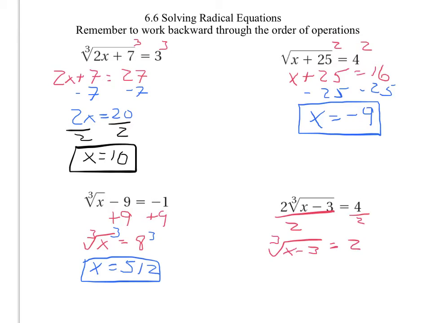Now we can take third power. So we'd have x minus 3 equals 8. Now we finish off getting x alone, add 3, and we're done. x equals 11. So there it is.